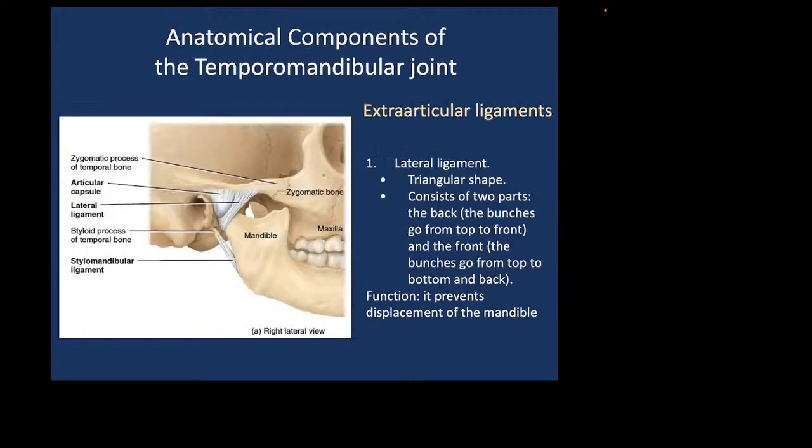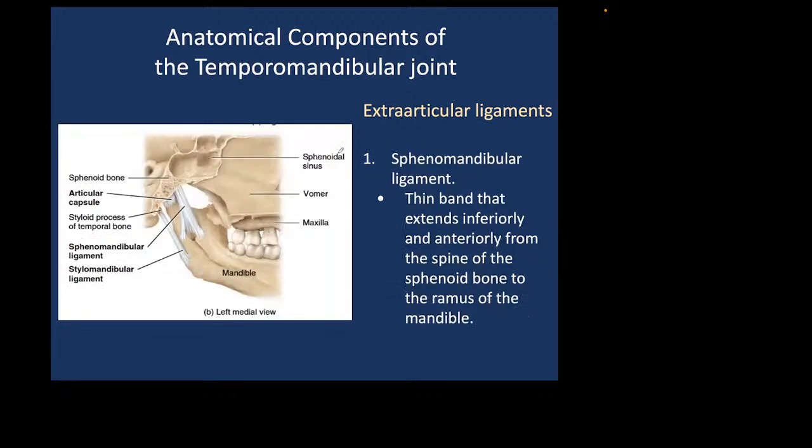Some of the ligaments are located laterally, and this is the lateral ligament, which fixes the temporomandibular joint laterally, and some of the ligaments connect bones like the sphenoid bone with the mandible, and we call such ligaments extra-articular ligaments.